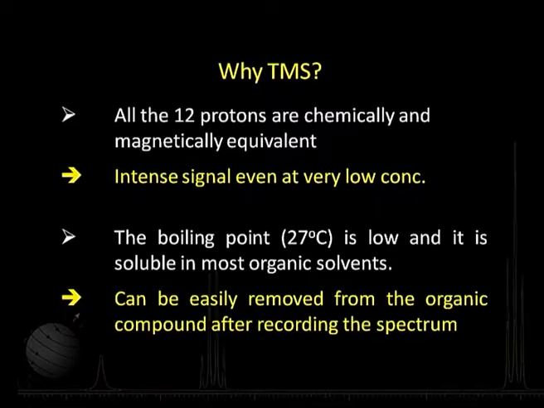This being a very low boiling molecule, it will go off. That means I can separate it very easily, and I do not contaminate my material there. And secondly, of course, it is soluble in most of the solvents. So, no matter what solvent we are using for recording the NMR spectrum, I can use TMS as a reference compound there. That is the second quality of this.